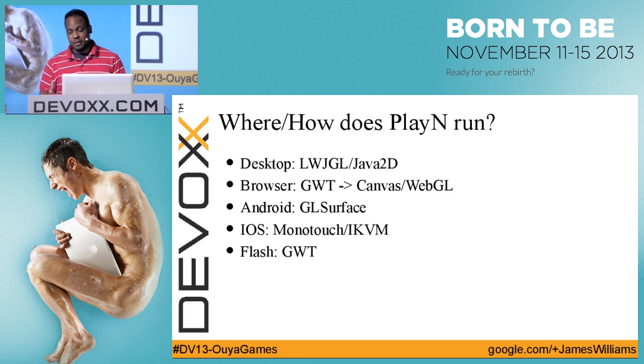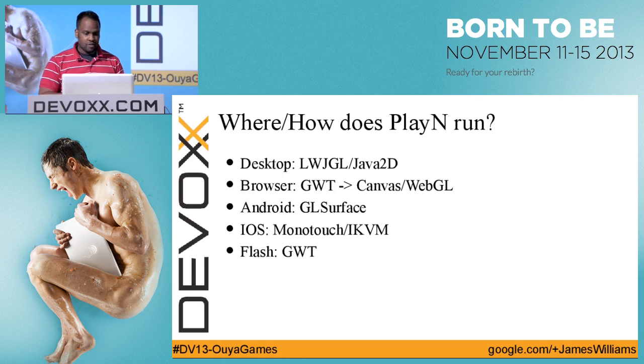So on the different platforms that PlayN runs on, these are what it uses. The core concept is you're going to write most of your code in a core layer, and then it automatically generates what it needs to run on Java, to run in the browser using GWT, to run on Android, all that type of stuff.